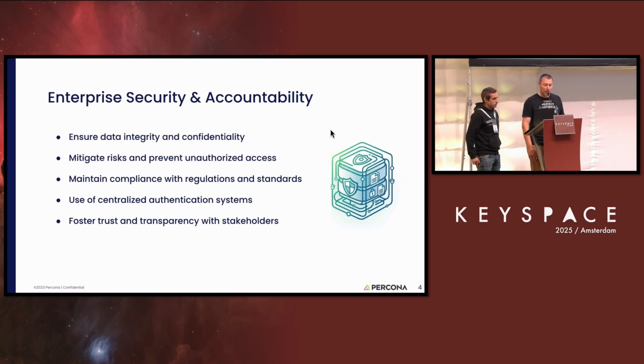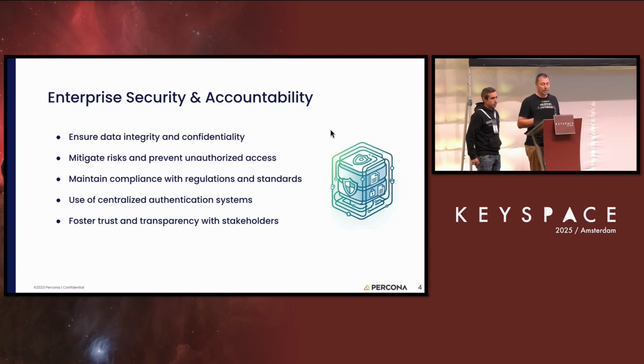Okay, so if we look at the security part, we care about data integrity. We care that nobody else can access it that doesn't have the appropriate access. So access is one of the things around this, and then usually these kinds of organizations have either internal or external policies of what they need to comply to.